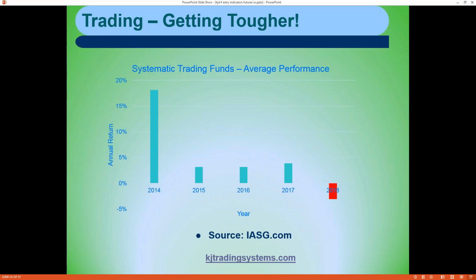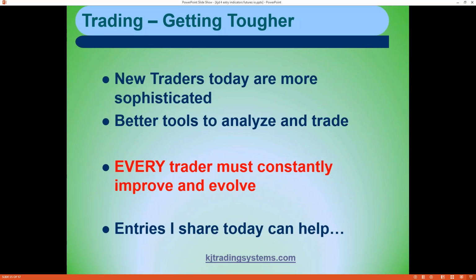There's more people out there who are trying to do algo trading, and there are also better tools out there. So you combine the tools with more people, and it's getting harder and harder, and people are competing with each other. So it doesn't mean it's impossible, it just means it's not easy.